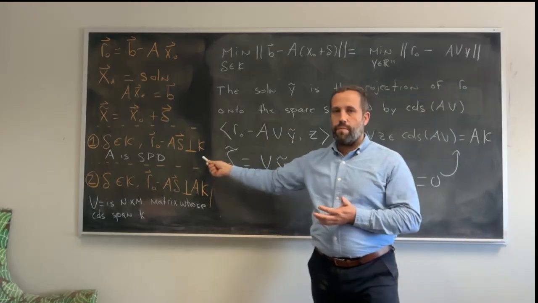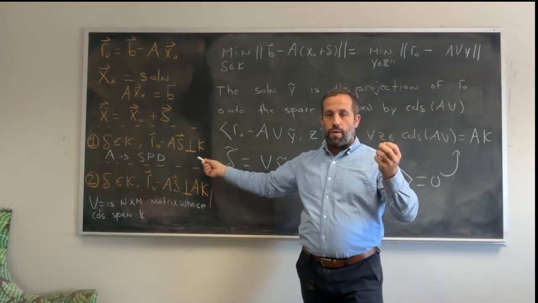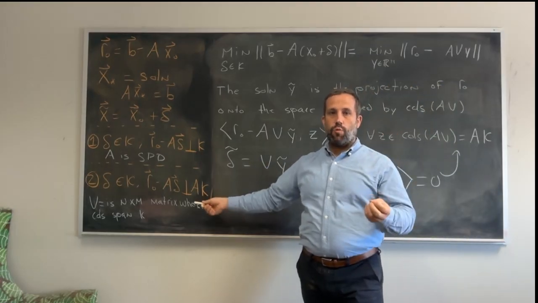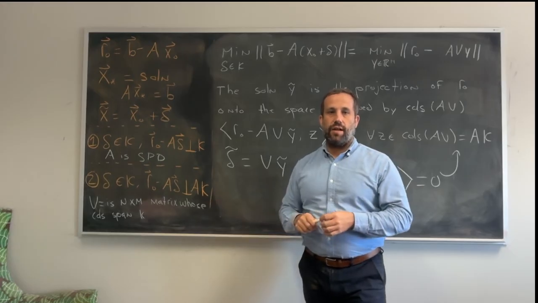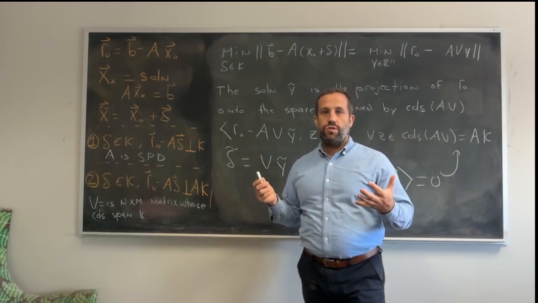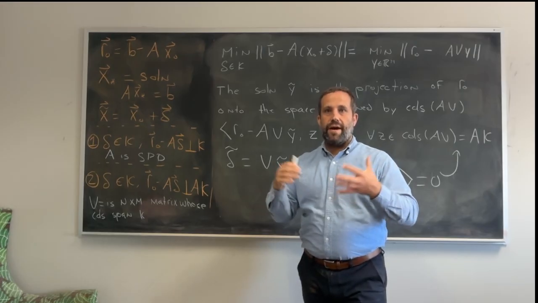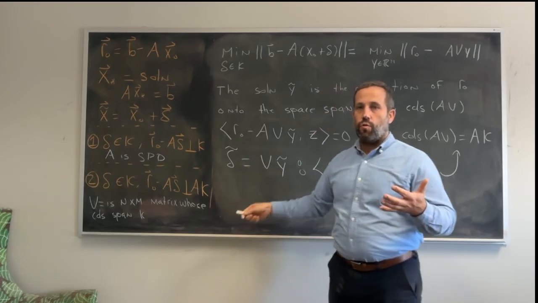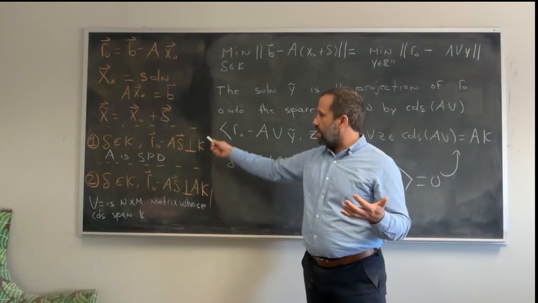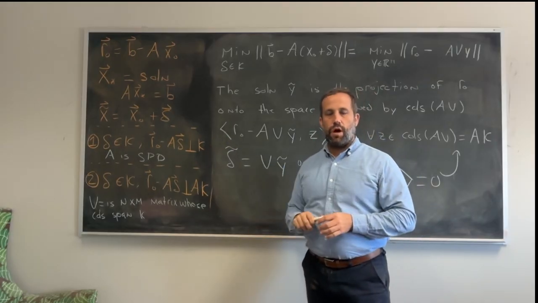So here we're measuring the error relative to the A norm, and here the residual relative to the standard norm. Both are intuitively reasonable measurements to have, and once you have those measurements, it's equivalent to solving these problems here.